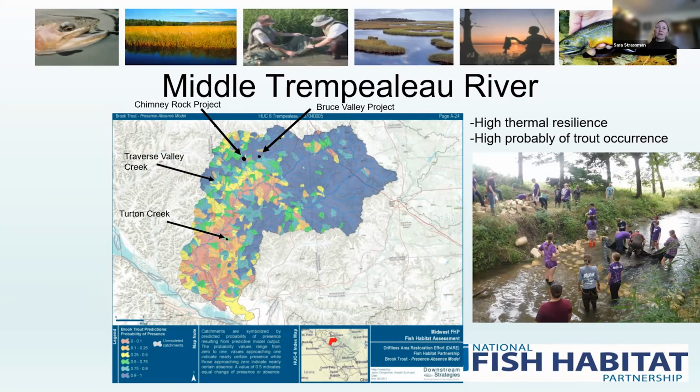So this is a place where we have prioritized making investments for restoration work. We've had more than these projects, but these are the most recent projects in this area: Bruce Valley, Chimney Rock. I've got approximate locations identified on this map.